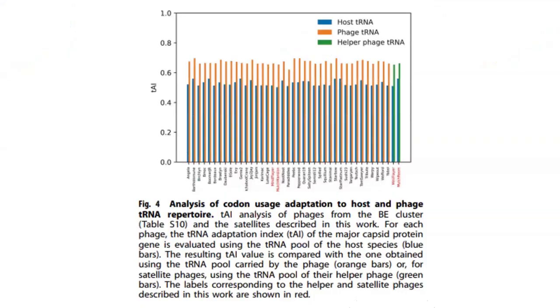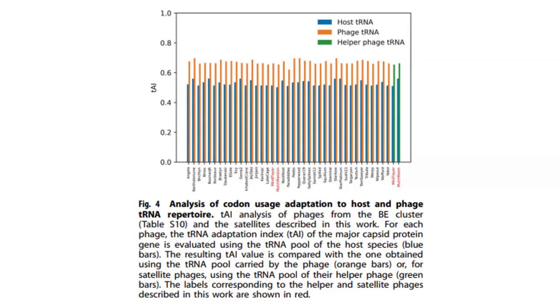All right, so this figure, figure 4. Remembering what we just talked about with transfer RNA and the codon bias, what did you get from this figure? What did you make of it? So first of all, what are the orange bars?